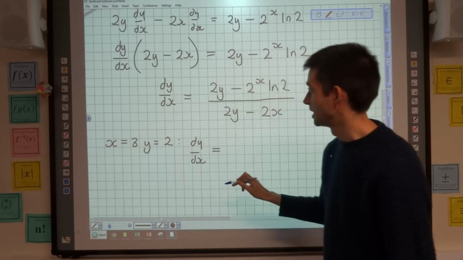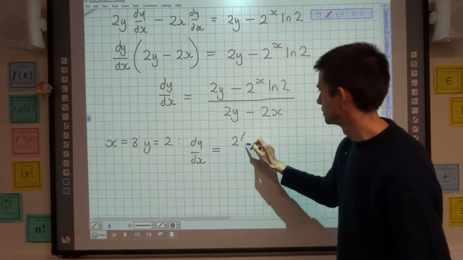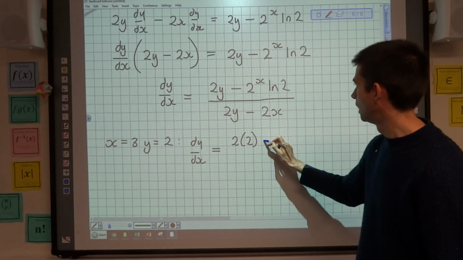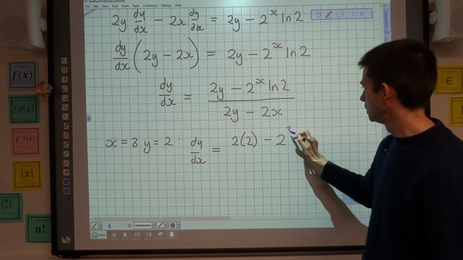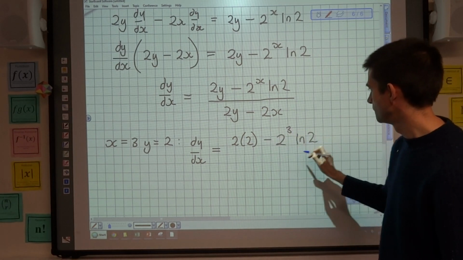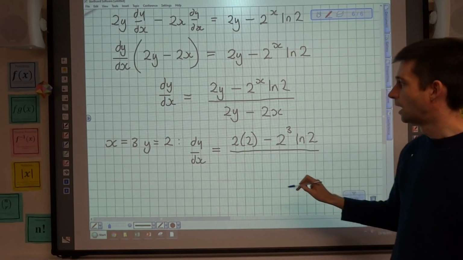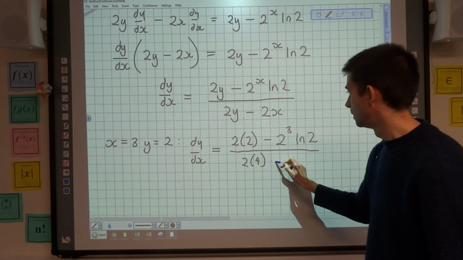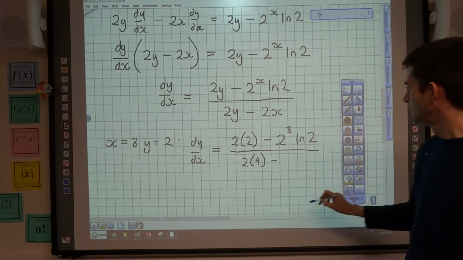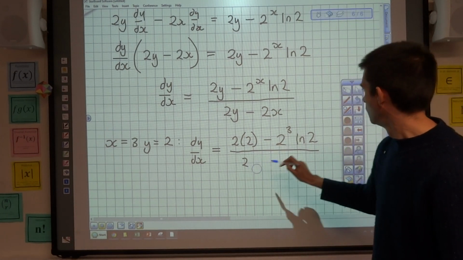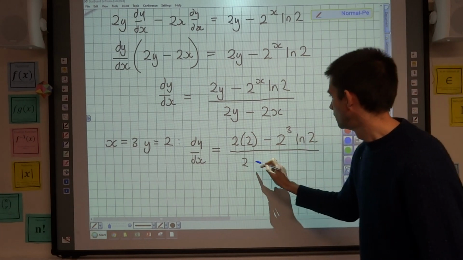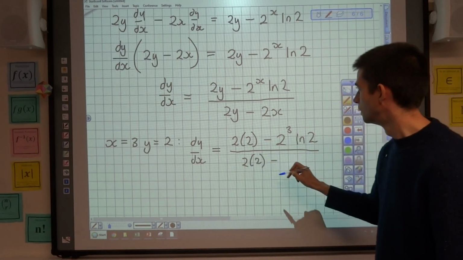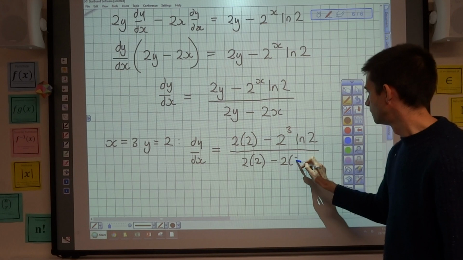So dy dx is going to equal 2 lots of 2 minus 2 cubed ln 2. That's all going to be over 2 lots of 2, which obviously is 4, minus 2 lots of 3.